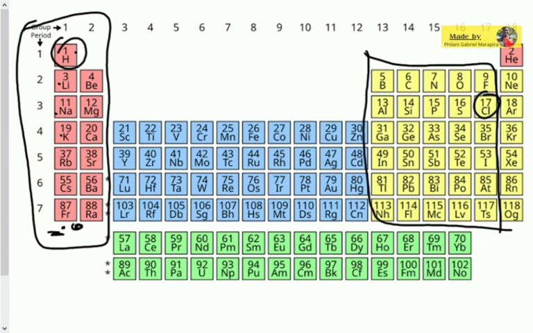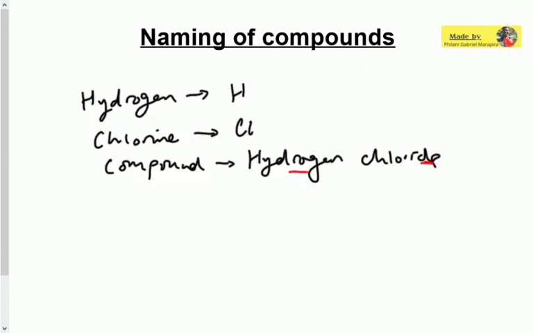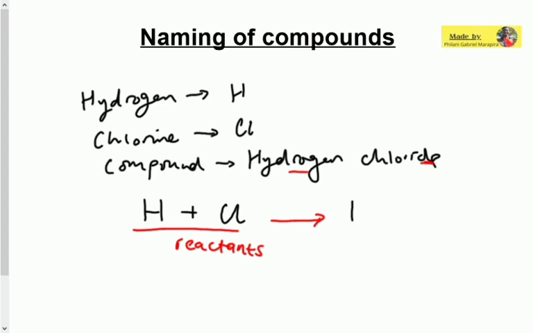So you start with the element on the left hand side when you are naming the compound. When you have 2 elements in total, for you to have hydrogen chloride, you're combining hydrogen and chlorine. These are the reactants, and they form the product hydrogen chloride.